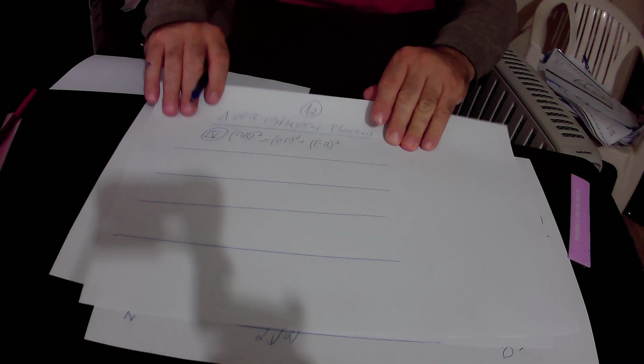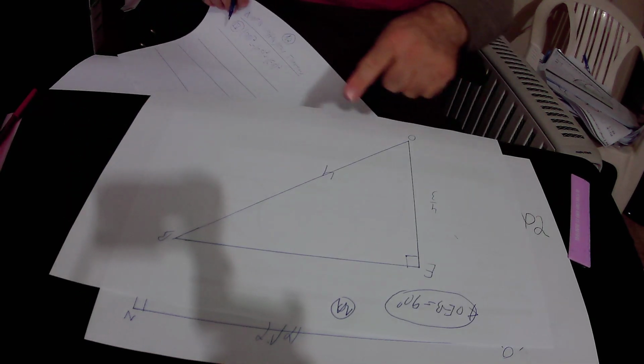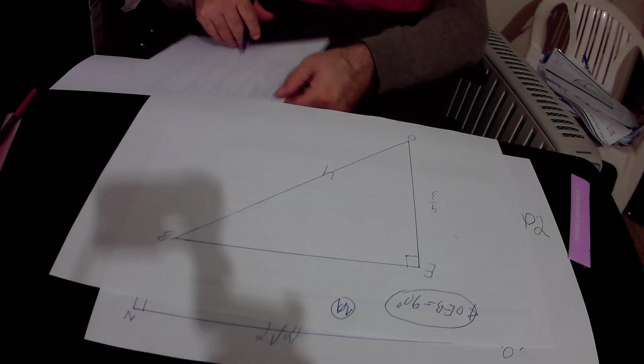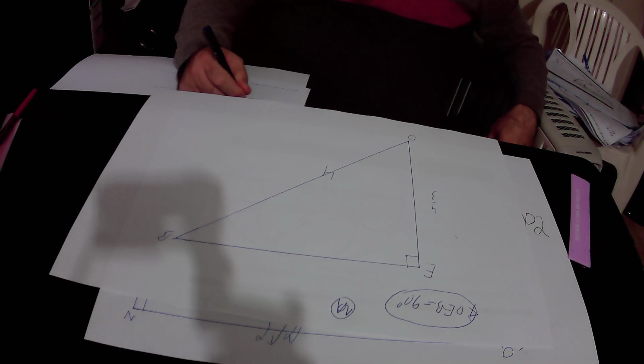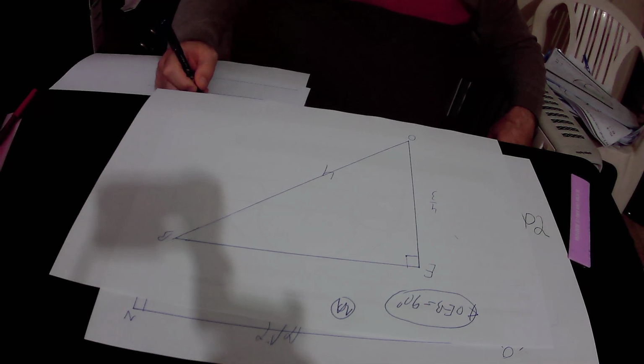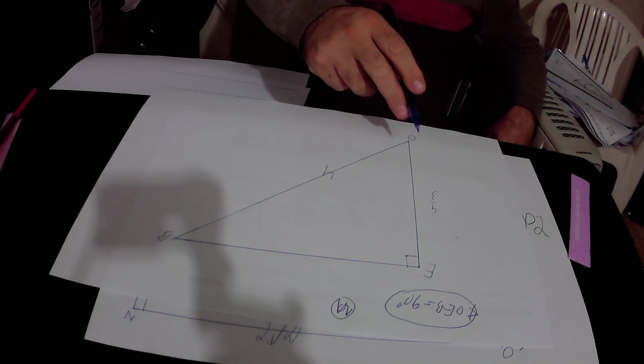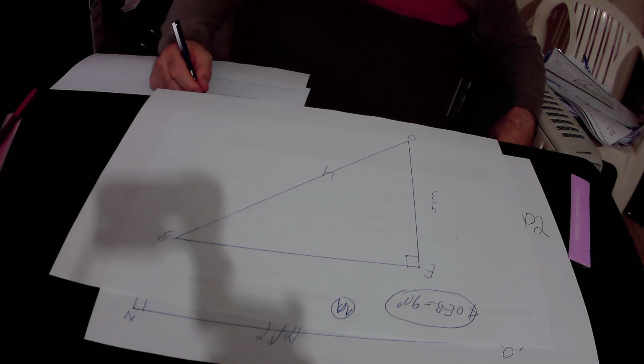But we know that OB equals 4 units, therefore OB square is 4 square, which is 16. And it equals OE square, that is to say 4 over 3 square, plus EB square. Okay?